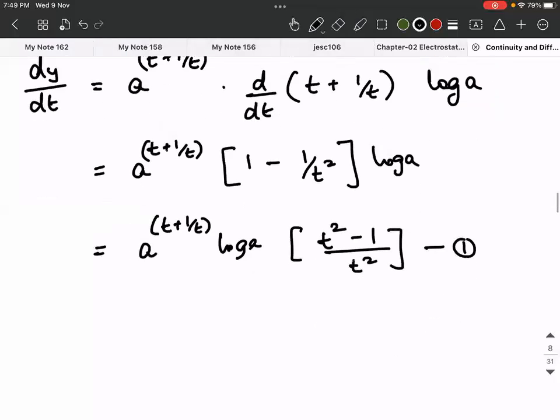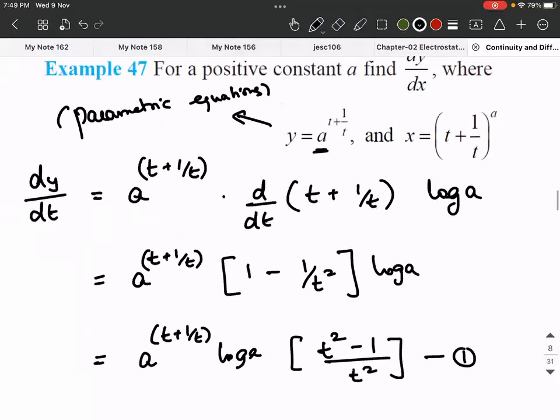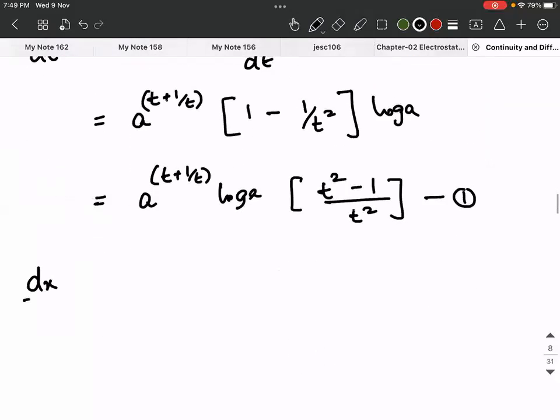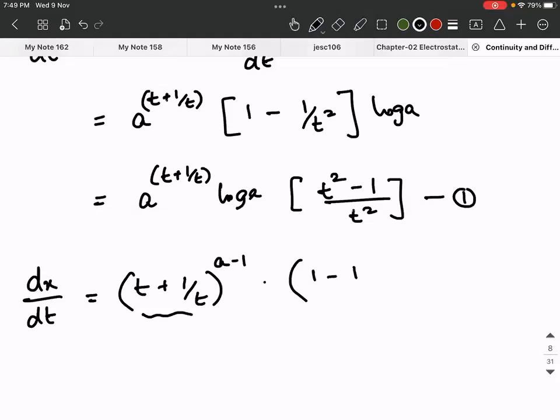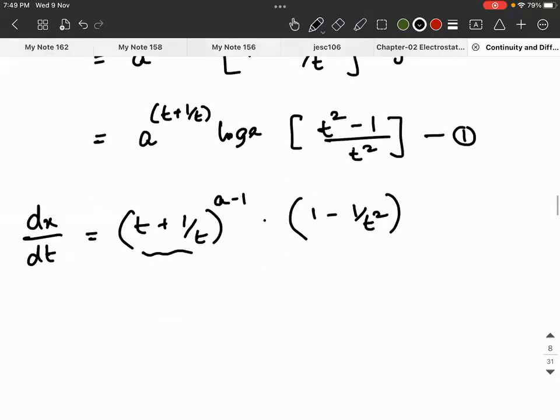Now, if I observe, x is equal to a function raised to the power of a constant. So what formula should I apply? I'll write t plus 1 by t the whole power a minus 1 into the derivative of t plus 1 by t, which is 1 minus 1 divided by t square.